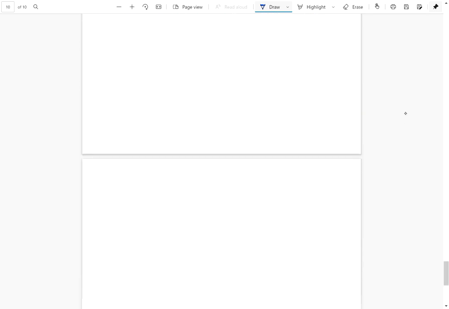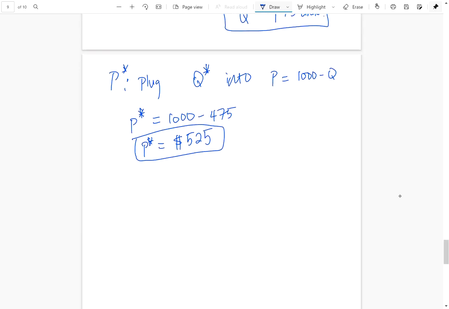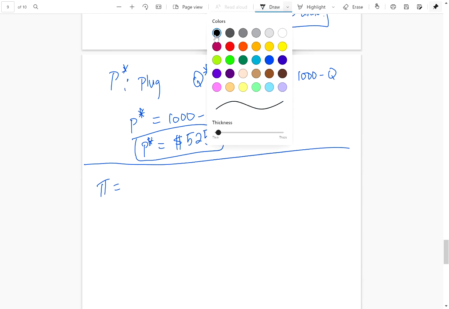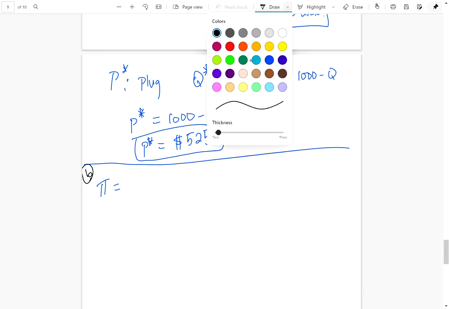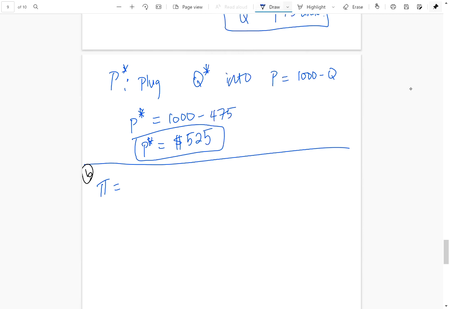Next we have profit. Let's draw a line. So this is part B. Profit is equal to total revenue minus total cost, right? So the total you get in minus the total it costs you to get there. So this is P times Q minus the total cost function.